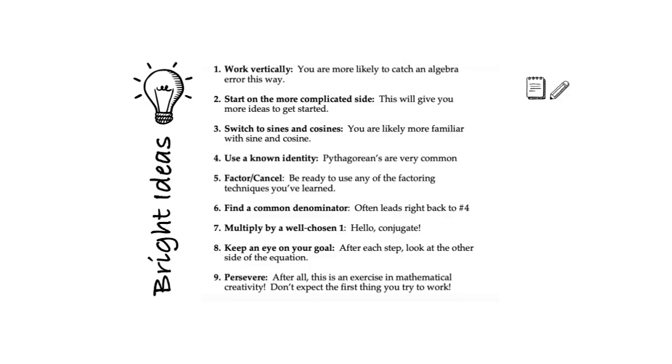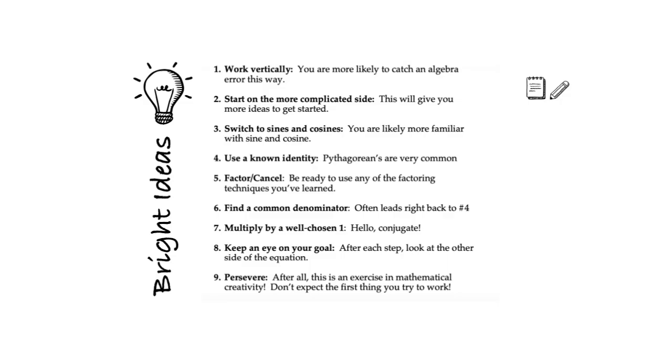It's great to use your known identities and maybe keep a list of all of the trig identities that you already know, such as Pythagorean identities or cofunction identities or reciprocal identities. There will be more coming soon.